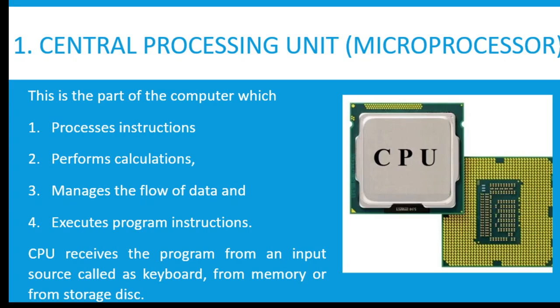The CPU receives the program from an input source such as the keyboard, from memory, or from a storage disk. As we know, in today's world we are well versed about computers, and we have already seen the CPU cabinets, etc. And this CPU is called the brain of the computer.